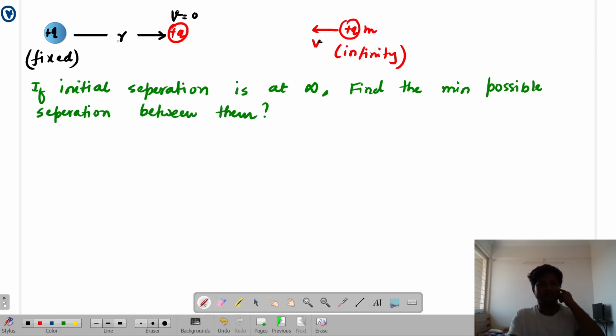So I want you to calculate what the r minimum will be, where the velocity will be zero.